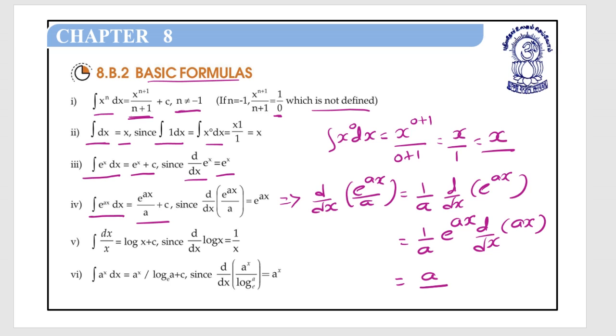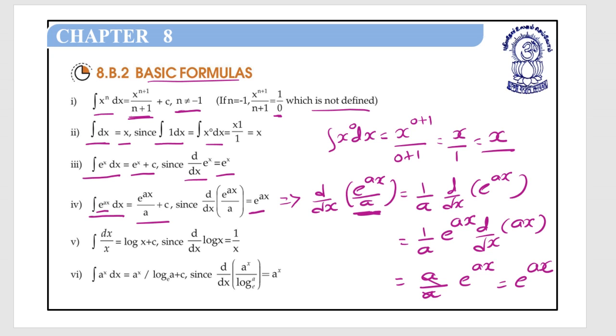So a constant, a by a, e raised to ax, dx by dx means 1, a cancels. So you will get e raised to ax. So the integration of e raised to ax dx is e raised to ax by a plus c.